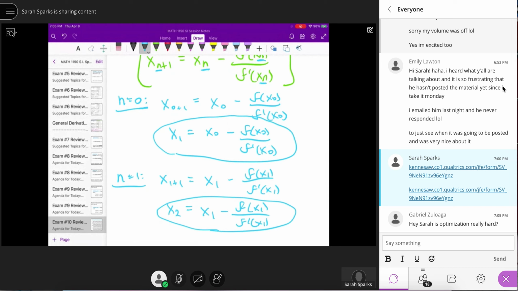Is optimization really hard? I honestly wouldn't say it's super, super hard. I would say that certain people's brains are better at it than others. If you're going to be an engineer or an economist, you would use optimization for the amount of materials you're using, or to optimize supply and demand, stuff like that.